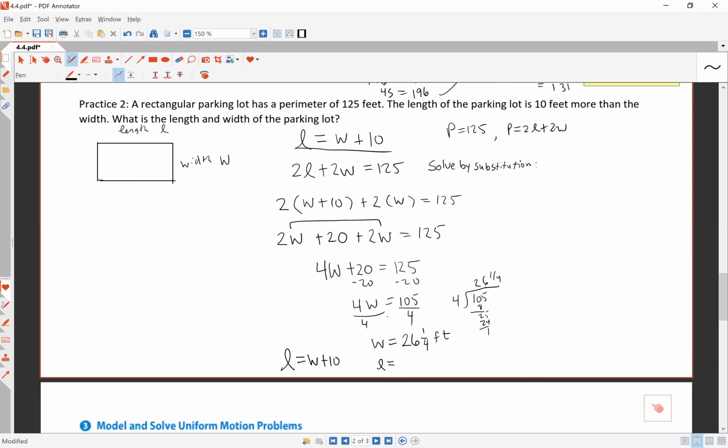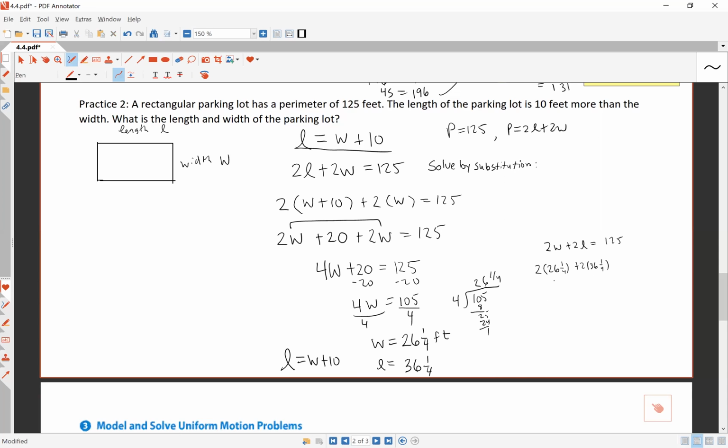So that tells us the length has got to be 10 more than that, or 36 1/4. I'd like to double check this by taking 2 times W plus 2 times L, and that should be equal to 125. 2 of the W's, 26 1/4, plus 2 of the 36 1/4.